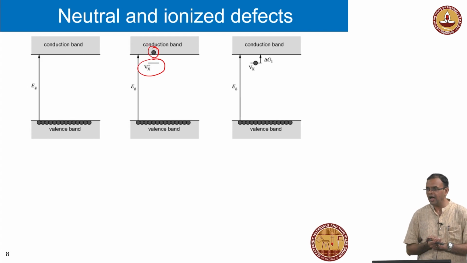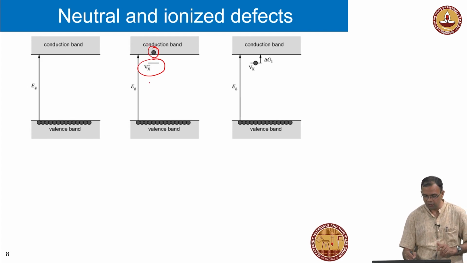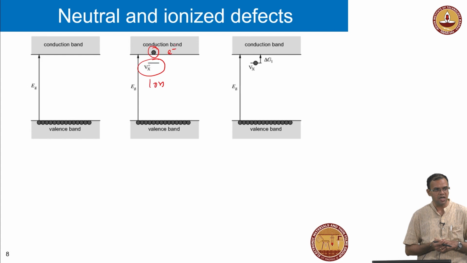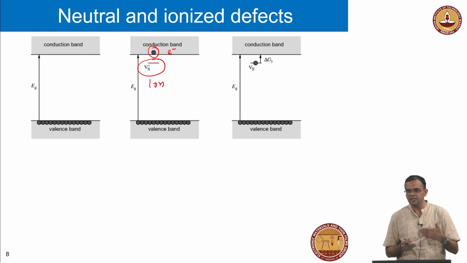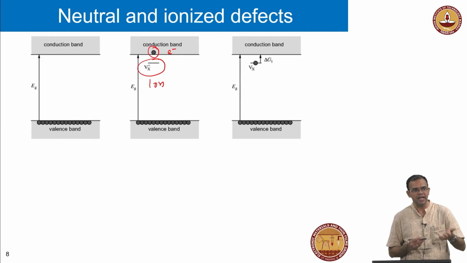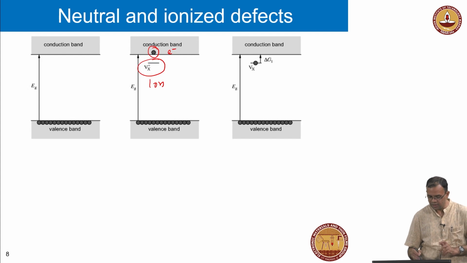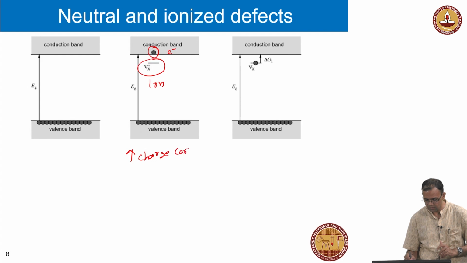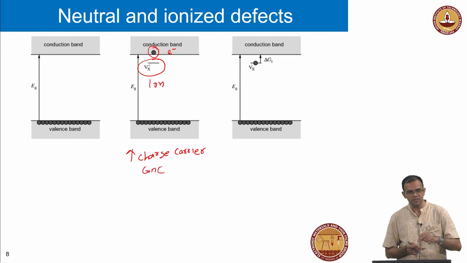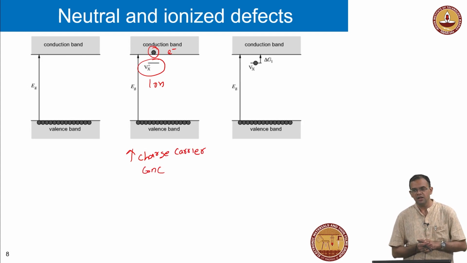So here again I have charge neutrality because I have a positive ion and I have an electron which has a negative charge. But I now have an extra electron that is there in the conduction band, and this extra electron is now available to move when I apply an electric field. So I have increased the charge carrier concentration by creating the defects on the anionic site, right?